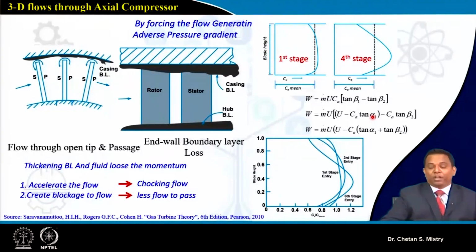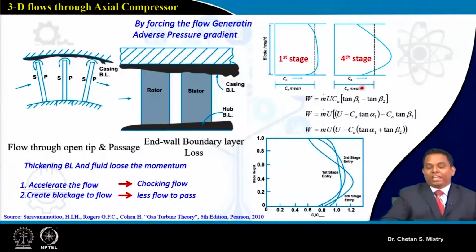For initial design consideration, suppose my alpha 1 is constant and my beta 2 is also constant. If that is your configuration, then in this particular equation we have U minus Ca, and we can say this bracketed term is constant.